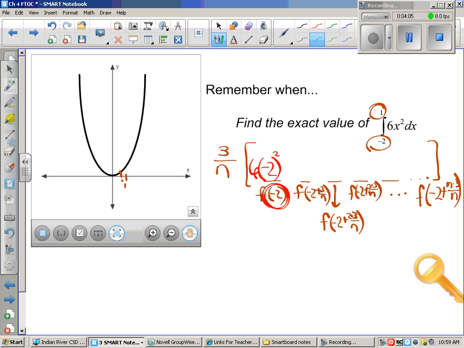Plug it in. Here we go. Plug that in. The next term would be 6, and we'd have -2 plus 3 over n squared. The next one from there, hopefully you follow this. 6 times -2 plus 2 times 3 over n.